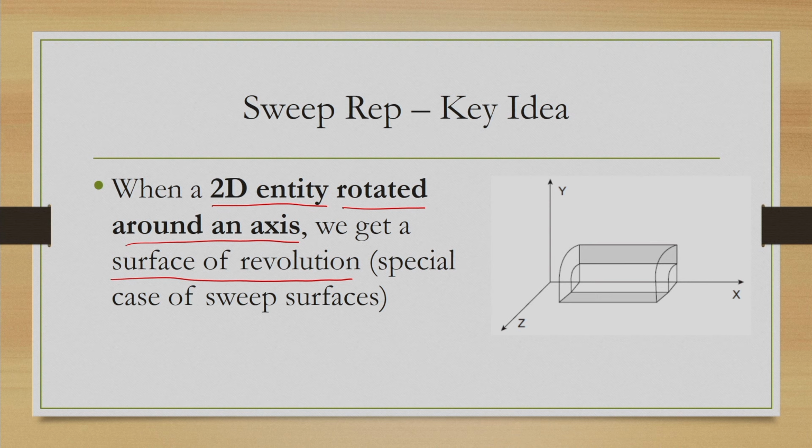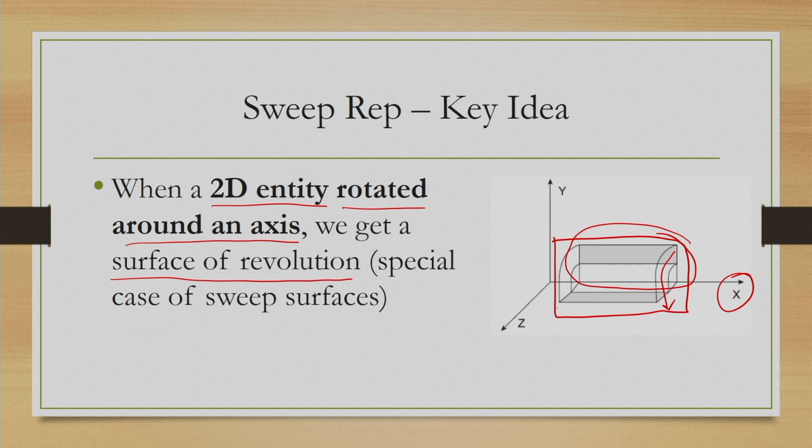For example, here again if we consider say the rectangle and this is the path of rotation around the x axis, then we get this overall object which is our desired object.